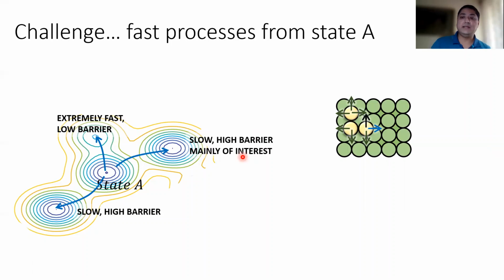So when we start doing the TPMD calculation, transitions are mostly observed along the fast paths. So very few transitions happen along the slow, high barrier paths. So this becomes a problem because you get very few transitions and the sampling is poor. So the estimates for the rate constants will be affected by the limited number of transitions that we're observing.